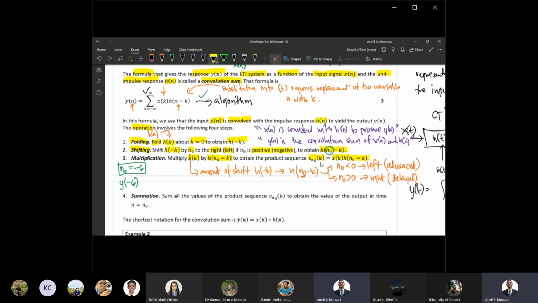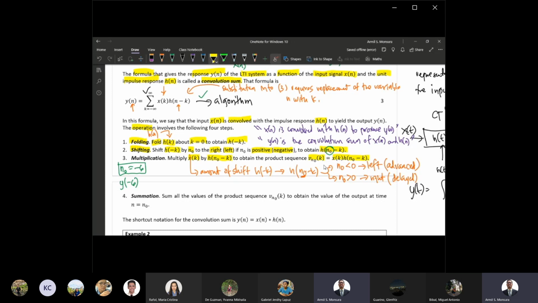Remember that this product sequence is a function of k, because inside the convolution algorithm, our time index becomes k instead of n.